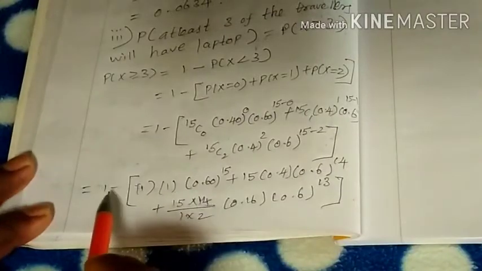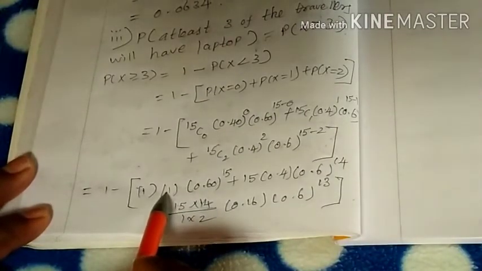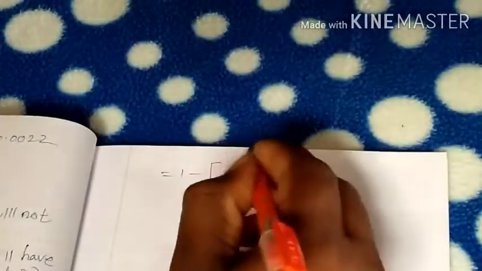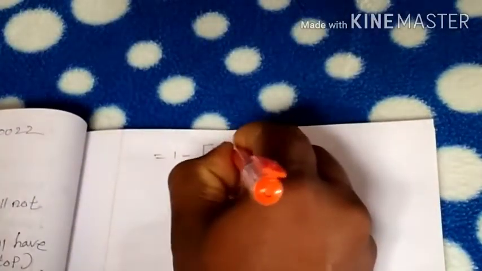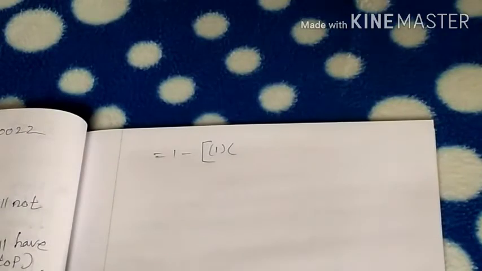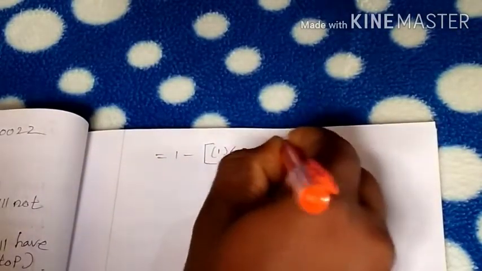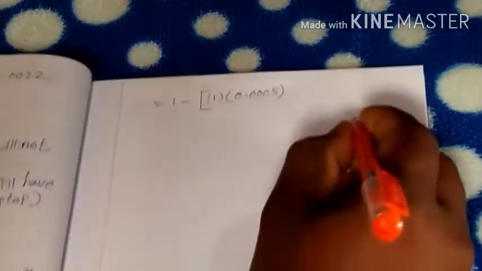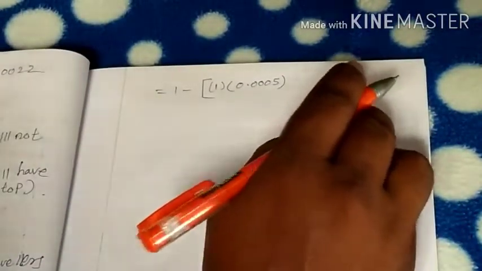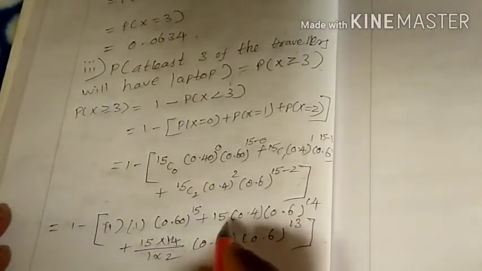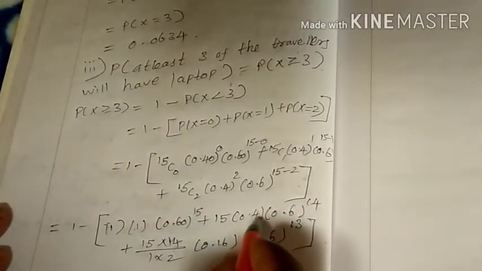Here 1 minus 1 into 1, then find 0.6 power 15. 0.6 power 15 is equal to 0.0005. Now we want to fix 4 decimal places. Then plus 15 into 0.4.